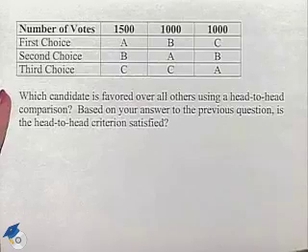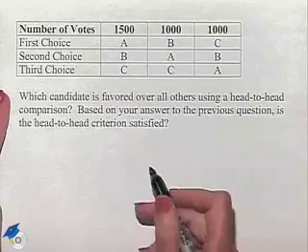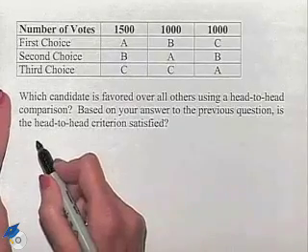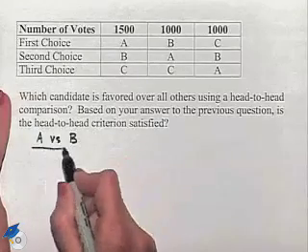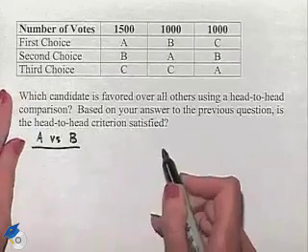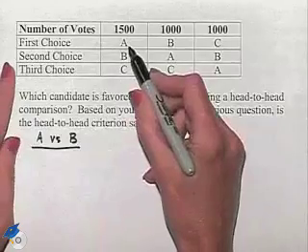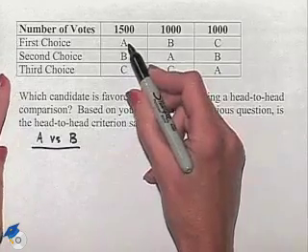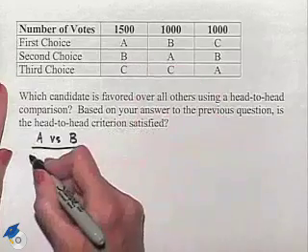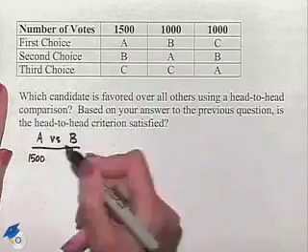So we're going to begin by looking at head-to-head comparisons, which means we're going to look at A versus B to start with. Now we're going to determine, in relation to A and B, which one's ranked above the other in each column. In our first column, A is ranked above B, and so A would receive the 1,500 votes.